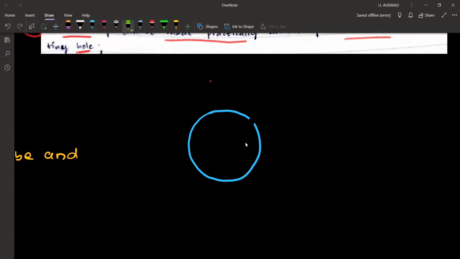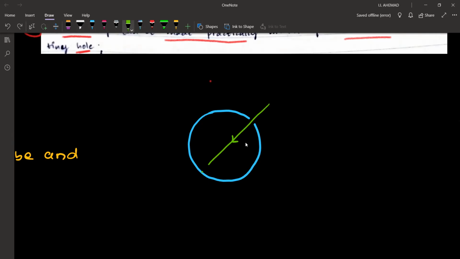So this light will enter through this cavity. Now it might reflect back, right? If it falls at 90°, then it will reflect and get out through this cavity again. We have to avoid that.